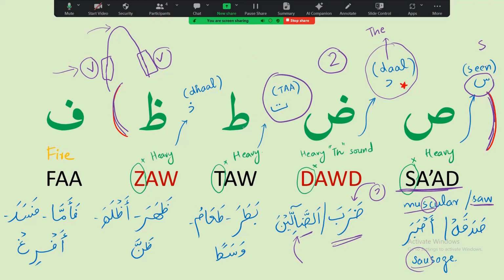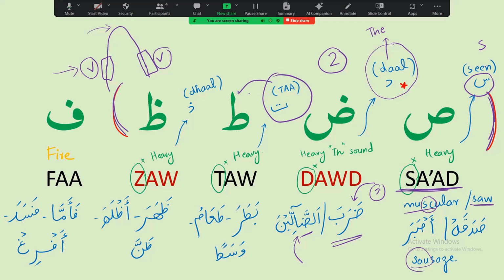We raise the back part of our tongue and also the middle part. The first one that we have already covered is ta, ti, tu. The letter for today is ta, ti, tu. This is a heavy letter.